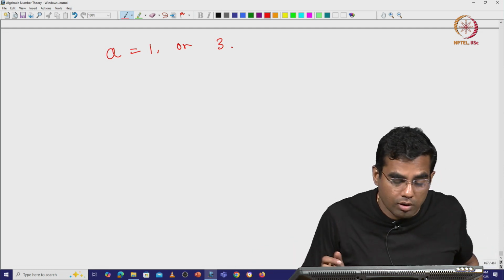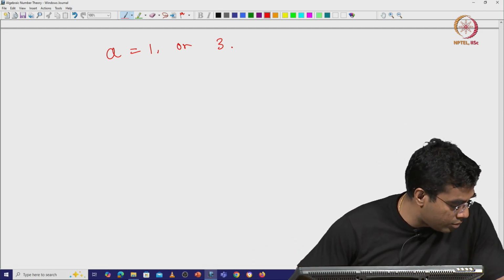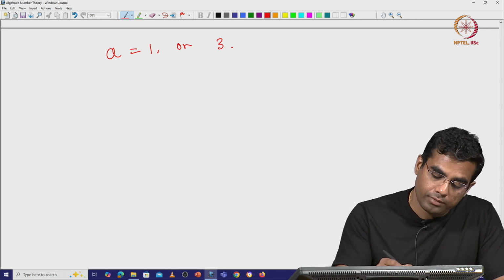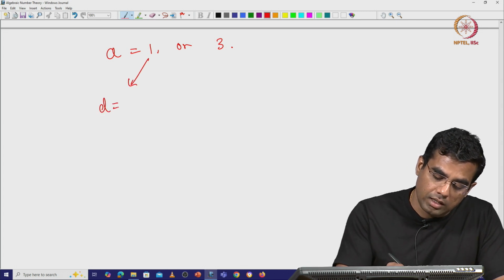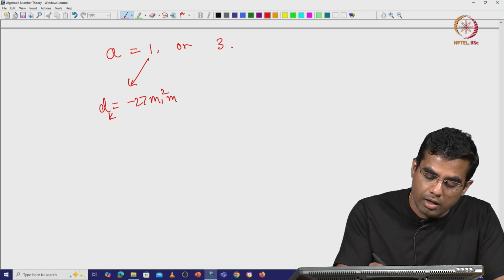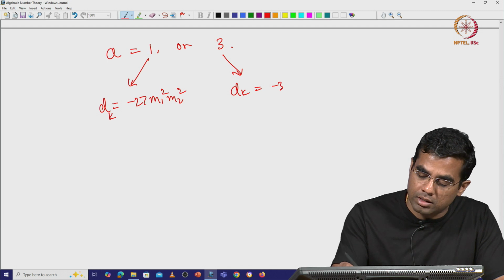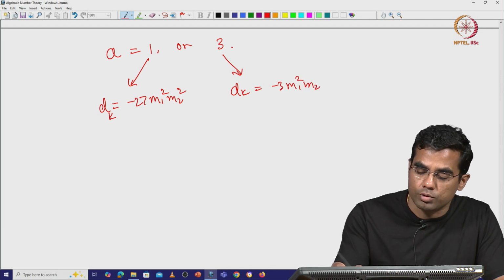So, we have to find out which one it is, right, and then if this is the case, then dk is equal to minus 27 m1 square m2 square. If this is the case, then dk is minus 3 m1 square m2 square.